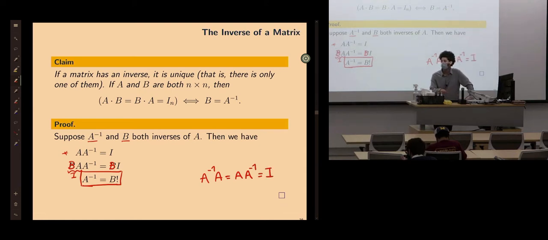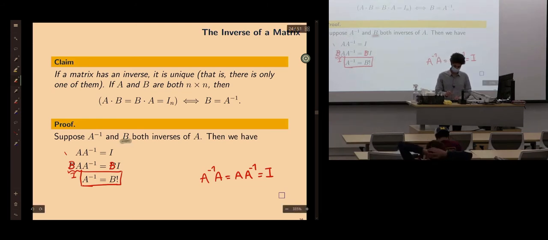I'm using this fact to prove it. It's a little twisted. If you have a question, I can explain it again. But this seems to be a straightforward way to show the uniqueness of the inverse of a matrix.